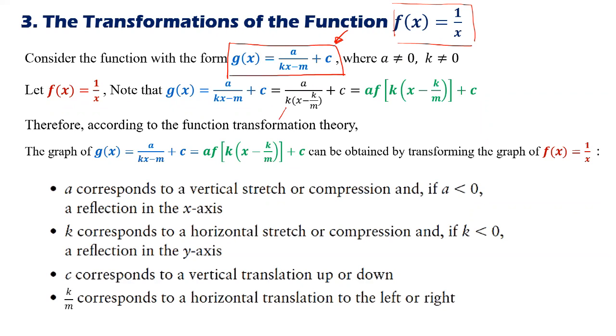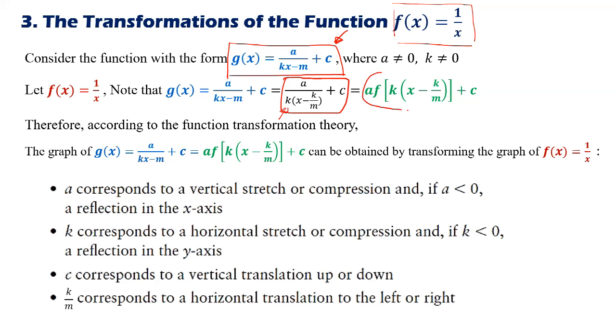We can put the k in front, and what's left behind is x minus k over m, right? And then plus c. And as you can see here, if you rewrite g(x) with this form, g(x) is actually a times f of k times the difference between x and k over m, and then plus c, right?